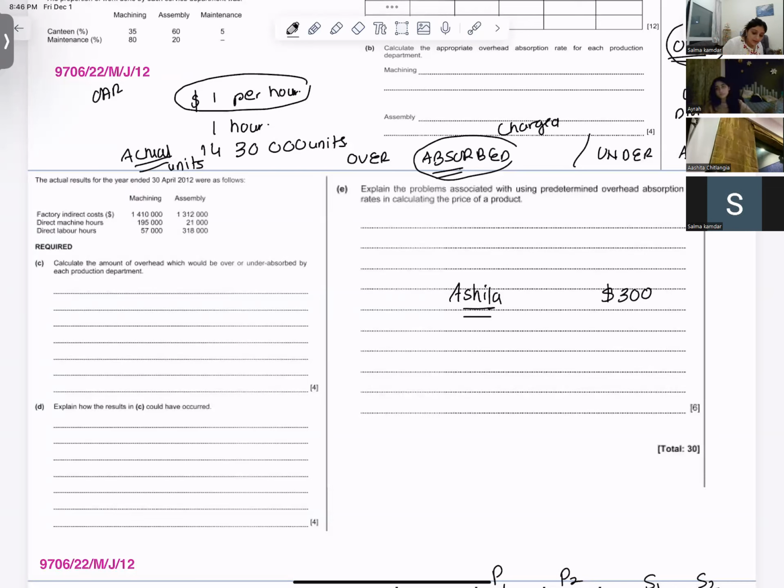This is called the overhead absorption rate. And I felt that Ashita would not study for more than 10 hours, so I multiplied it by 10, and I charge Ashita 3,000 per month.